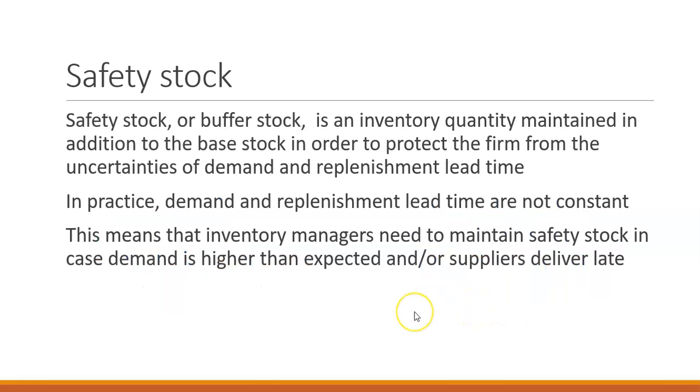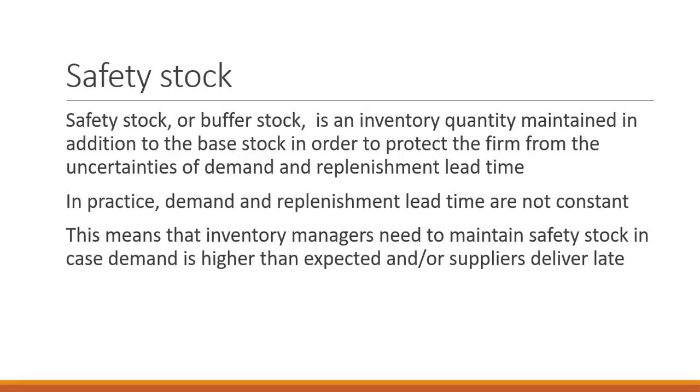Safety stock is buffer stock. This is stock that we maintain just to protect us from uncertainties of demand and replenishment lead time. So if demand is higher than expected, we have excess safety stock on hand to make sure we don't run out while we're waiting for a shipment to arrive.